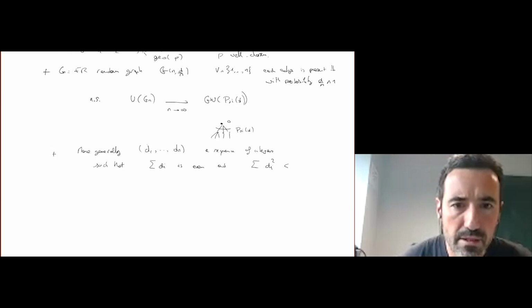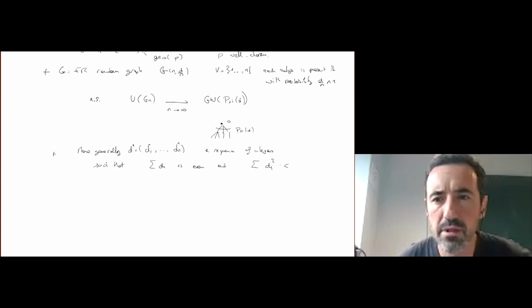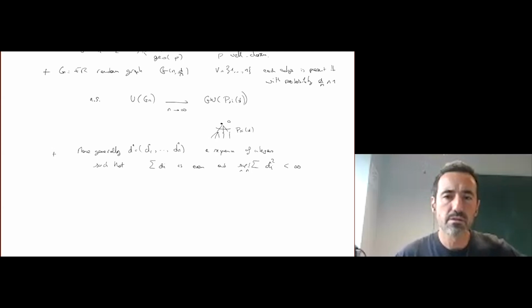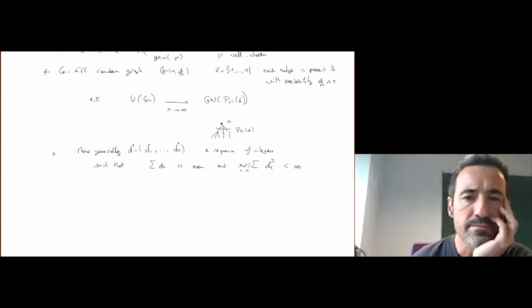This sequence is allowed to depend on n. So the degrees d_i do not grow too fast.